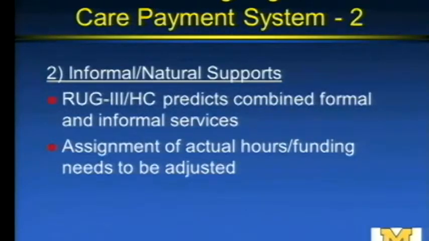RUG3 explains it as well as anything, but RUG3HC explains much better when you combine formal and informal or natural support services. And it makes some sense because there is a trade-off. People who don't have a lot of natural supports will often have more formal care services and vice versa. So it makes sense that you want to predict the envelope of services. So that's what RUG3 does. It predicts the envelope of formal plus informal services.